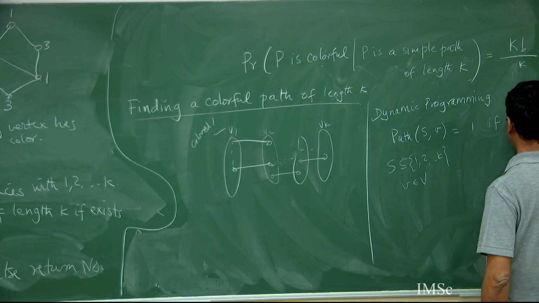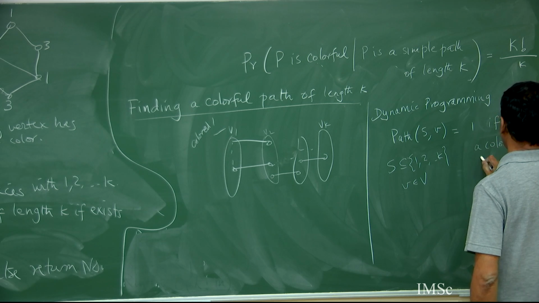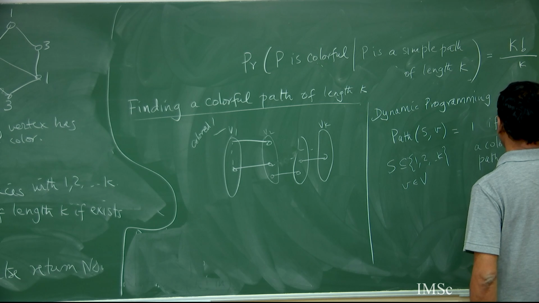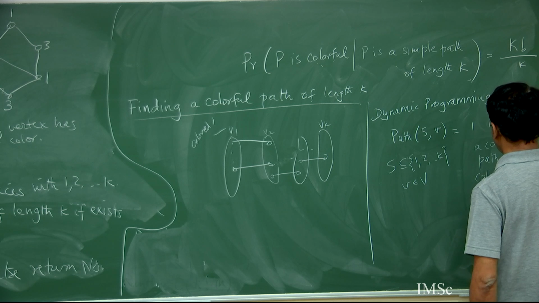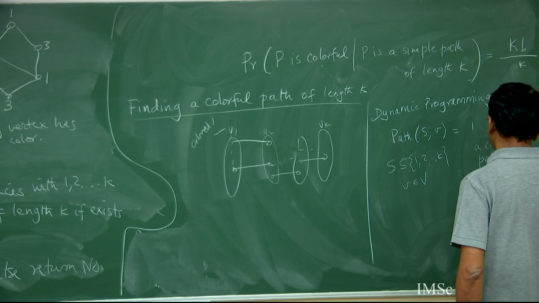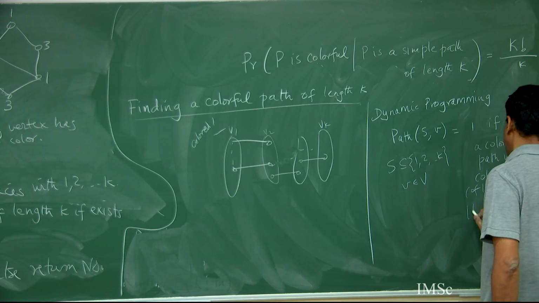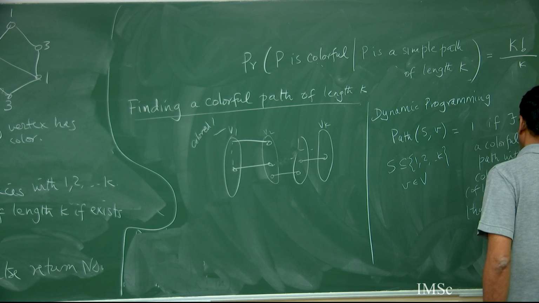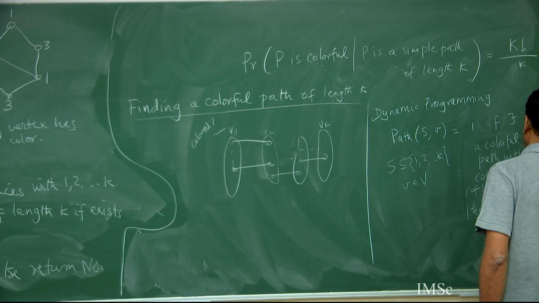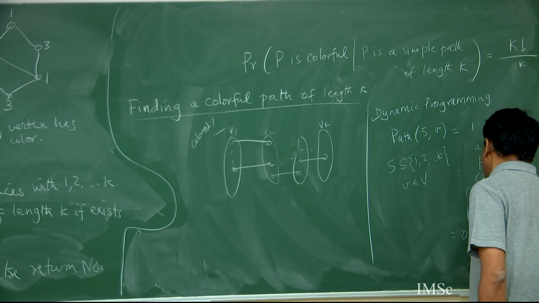It is 1 if there exists a colorful path with colors from S, that ends in V, and 0 otherwise.